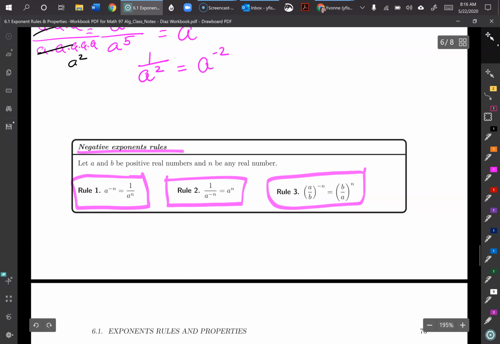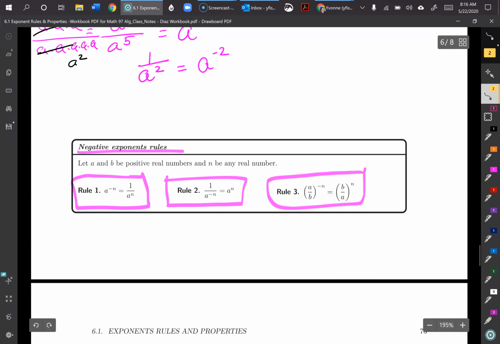So we have rule 1: a to the negative n equals 1 over a to the n. So if you have a negative in the exponent, it comes underneath. Be careful that unless you have a negative out here, you're not going to have a negative value for a coefficient. It's just bringing that a to the n down to be a positive exponent, but the sign of the coefficient does not change.